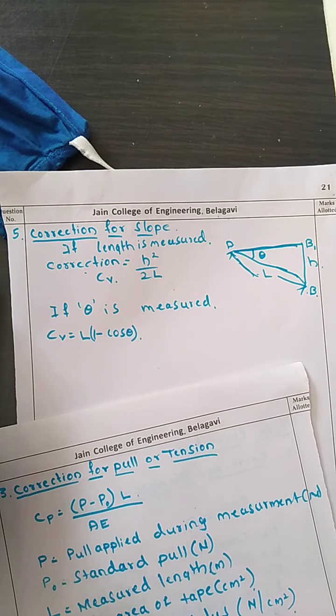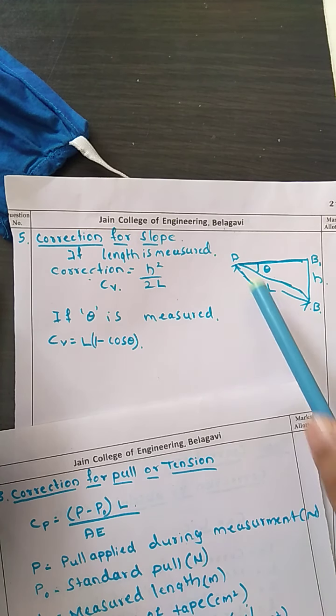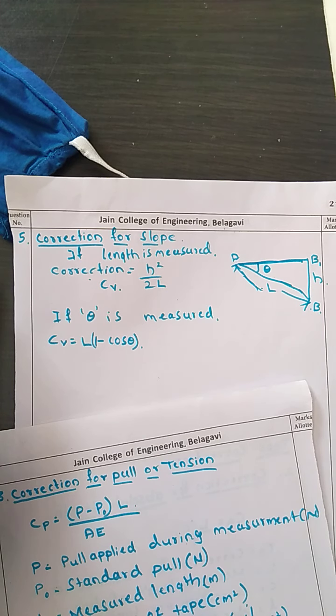Next is the correction for the slope. Whenever there is a slope, the distance measured along the slope is always greater than the horizontal distance. So again for this you need to apply a correction. Here you apply two types of correction.